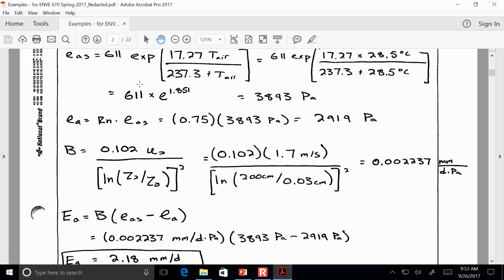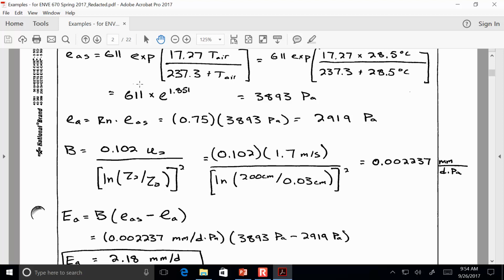And then the factor B, when we're talking about the driving forces, is accounting for the wind speed, and so the relative effect of the wind speed and the wave height. If we had more wind, then there would be more evaporation because U2 is in the numerator here, and then we're multiplying the gradient, that difference between E sub AS and E sub A, by the B that we calculate.